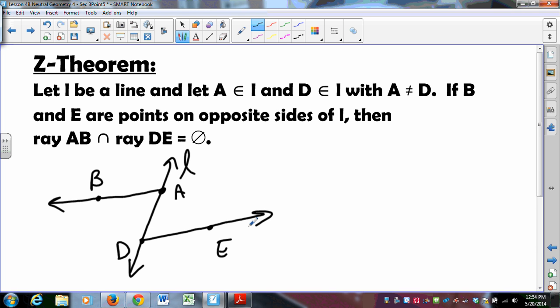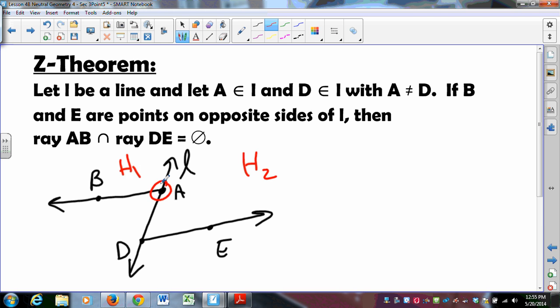If ray AB is in half plane H1 and ray DE is in the other half plane, maybe that's called H2, then all of the points in AB are in one half plane and all of the points in DE are in the other half plane. I mean, that almost makes sense. Ray AB lives over here and ray DE lives over there. So the only place where those two rays could conceivably touch is at their endpoint.